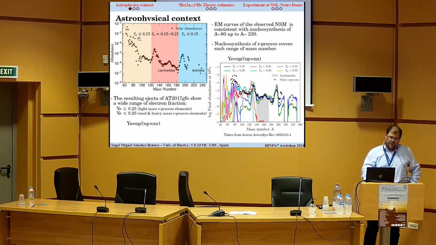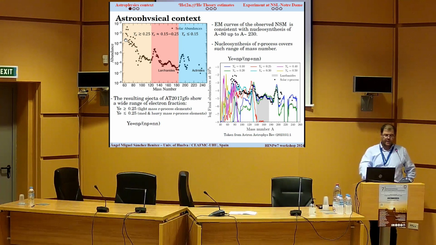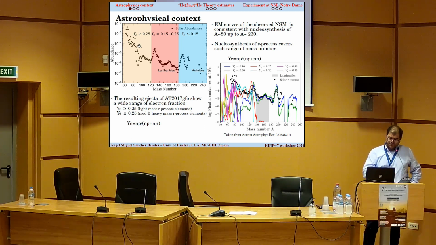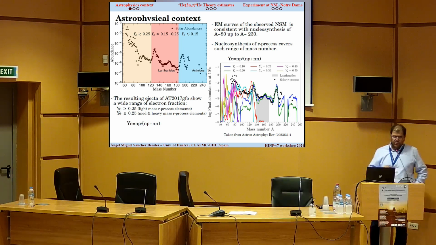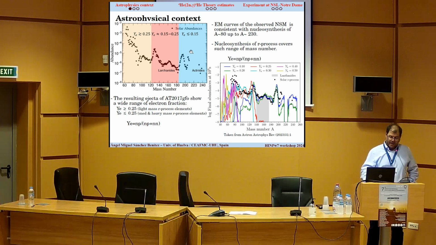Here we show an illustration of the electron fraction of the produced ejecta. We can see that for electron fraction greater than 0.25, we find the light elements, and for ejecta with electron fraction below 0.25, we find the medium mass and heavy mass R process elements.